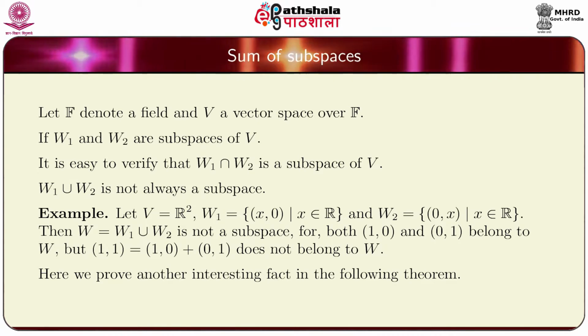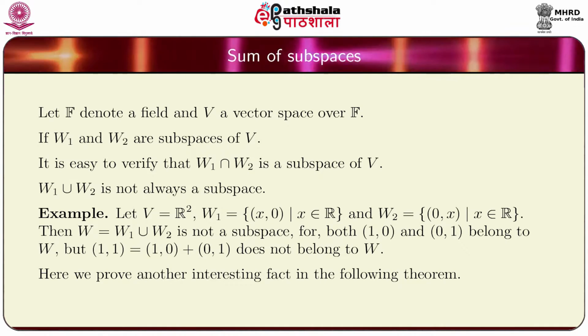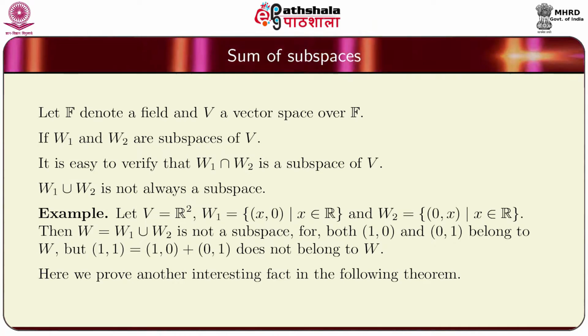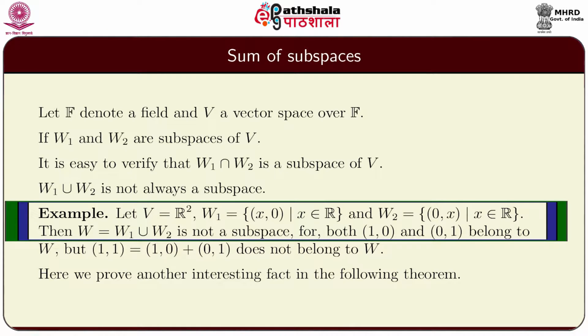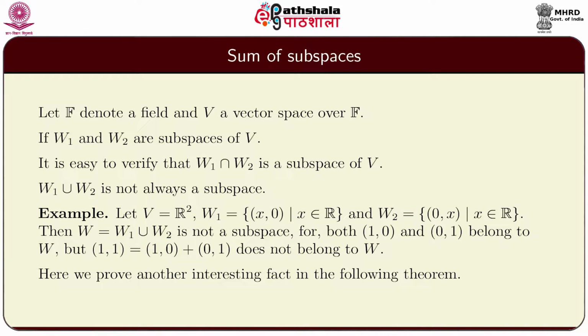For example, if we take V to be the real plane, that is R2, and W1 is equal to the set of all ordered pairs of the form (x, 0), where x is running through the set of real numbers, and W2 is the set of all ordered pairs of the form (0, x), where x is running through the set of real numbers. That means W1 is nothing but the x axis and W2 is the y axis.